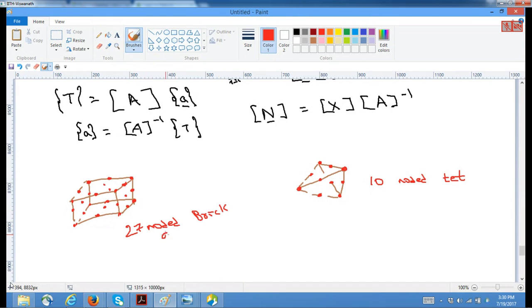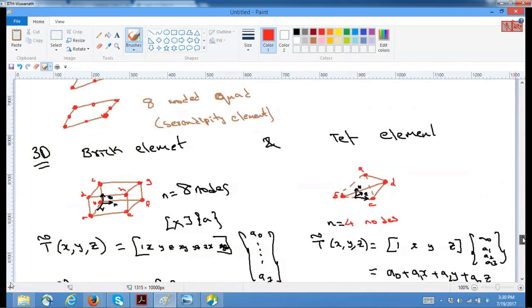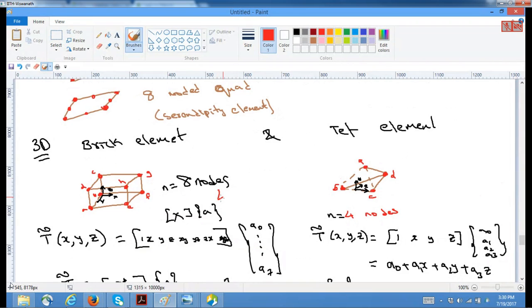This would be quadratic in nature, quadratic in X, Y, and Z. This is also quadratic, but in a triangular fashion, whereas this 8-noded brick is a kind of linear brick, and this is a linear TET.